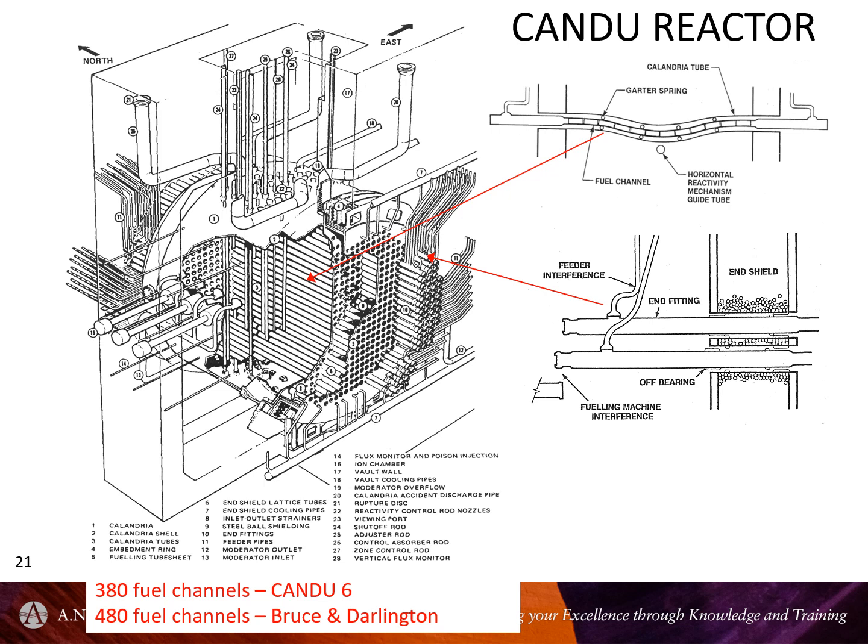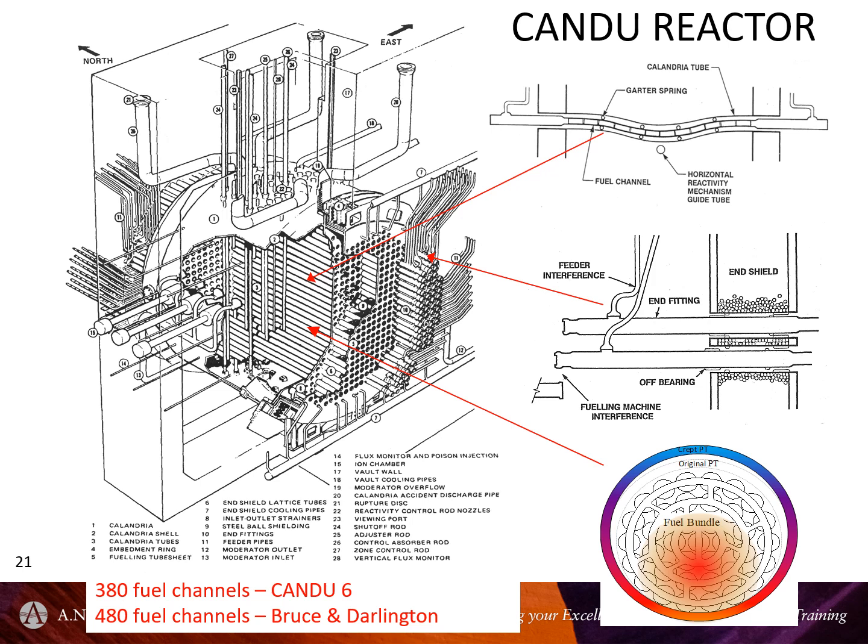The fueling machine can't engage, and also at certain points in the channel, because of the temperature and flux, the diametral creep rate can increase to the point that you get a lot of the coolant flowing above the fuel bundle, and therefore it gets hotter down the bottom, which naturally is a safety concern.